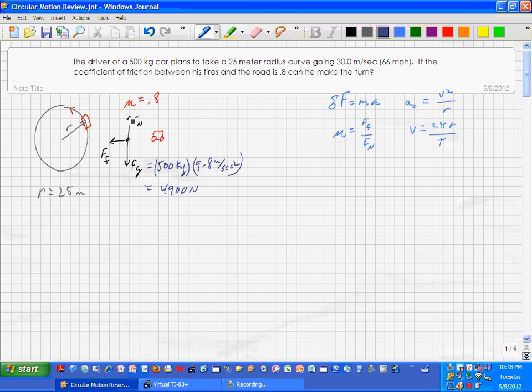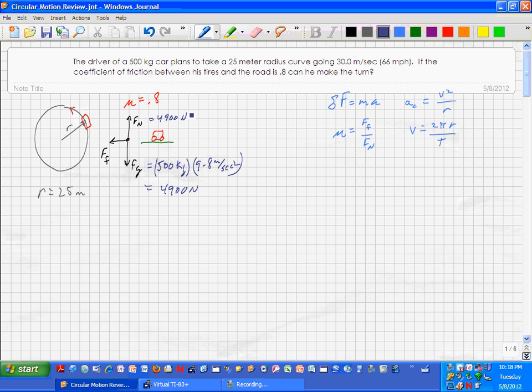There is nothing happening in this direction, up and down. This car is not accelerating vertically. Motion is not changing vertically, so that means that the normal force is also going to be 4,900 newtons.